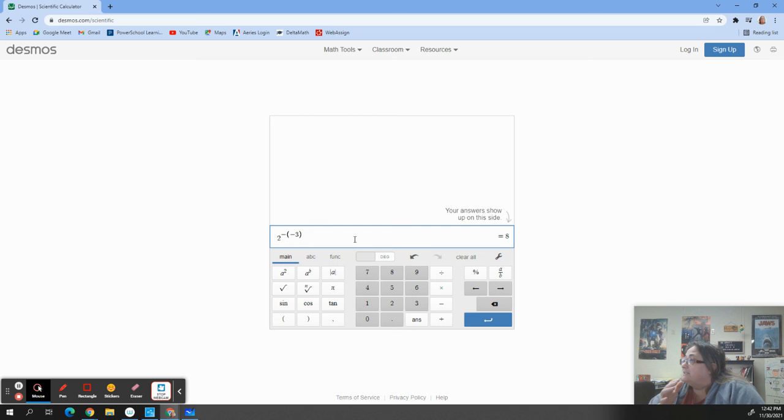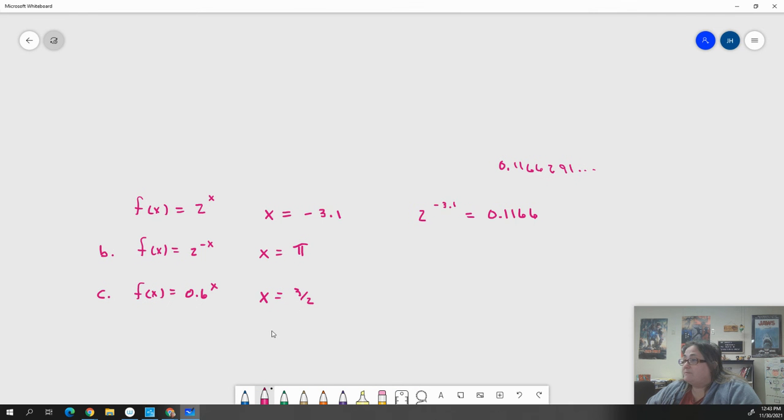Does that make some sense? So if this was 2 to the negative x power, you want the negative from the negative x, and if you're inputting -3, you want that negative as well, which is a nice even number for us. Do you guys follow that? Did that make sense, or was it ugly?